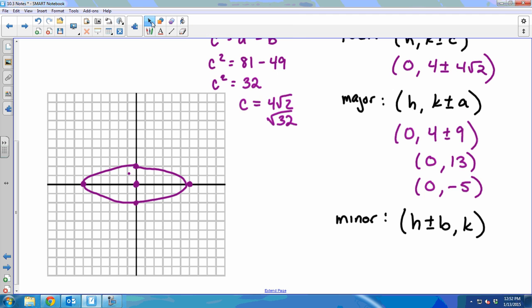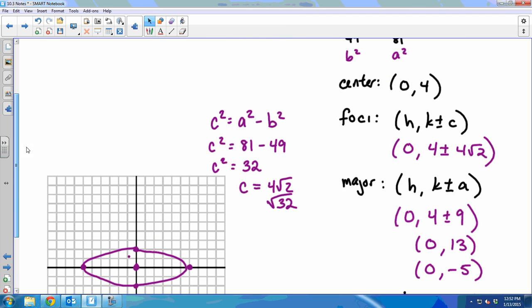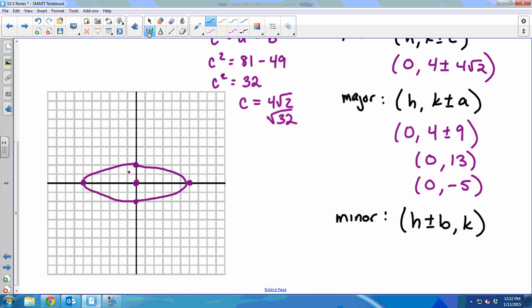So what is b? 7. So we have 0 plus or minus 7, comma 4. So my 2 points are 7, 4, and negative 7, 4.